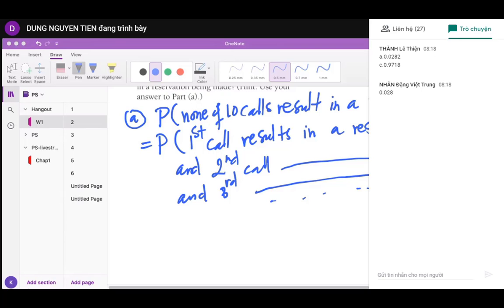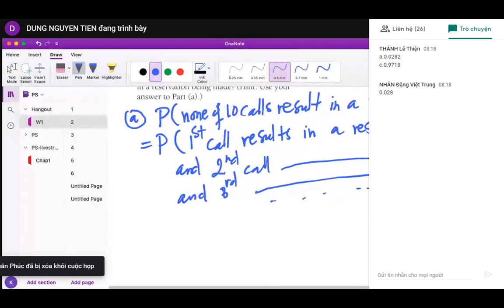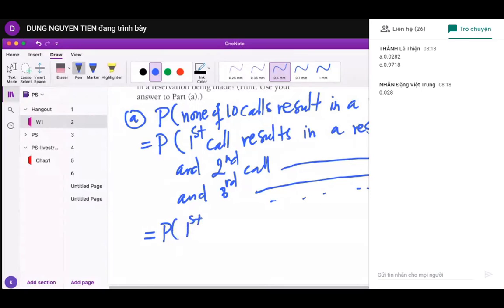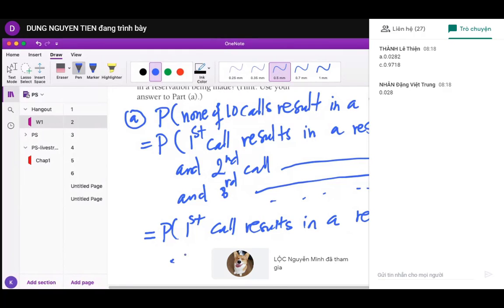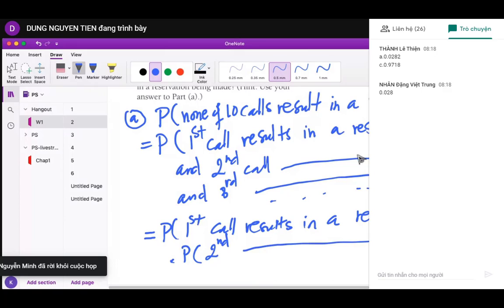All right. So now you get, because all the calls are independent, this becomes the probability that the first call results in a reservation times the probability that the second call results in a reservation, and so on.